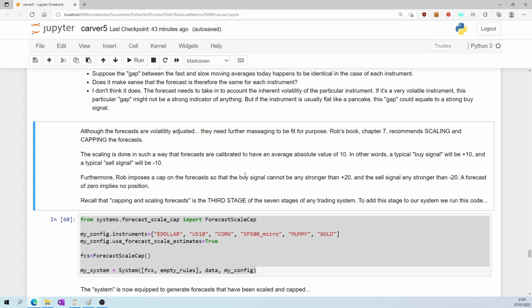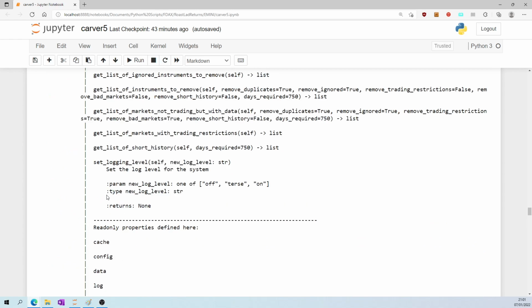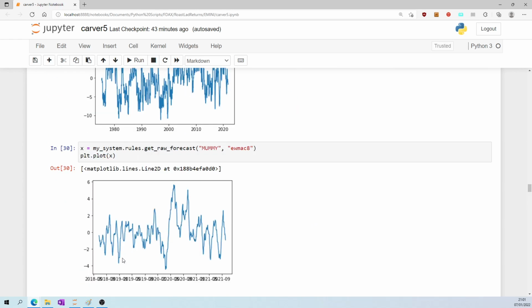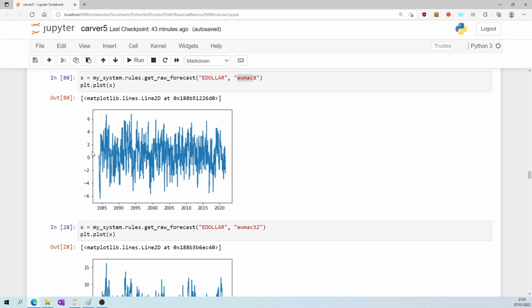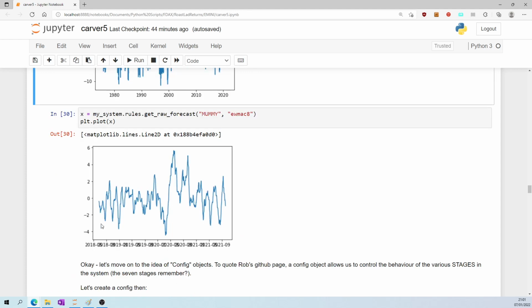And by the way, just a few more words about this. Scaling and capping forecasts is helpful for at least one reason, because then you have consistency in the forecasts that you get for your different trading rules and your different instruments, whereas in the raw forecast format, as we saw with these plots, the numbers are just quite inconsistent. -6 to +6 for euro dollar EWMAC 8, -10 to +10 for gold EWMAC 32, -4 to +6 for mummy EWMAC 8.